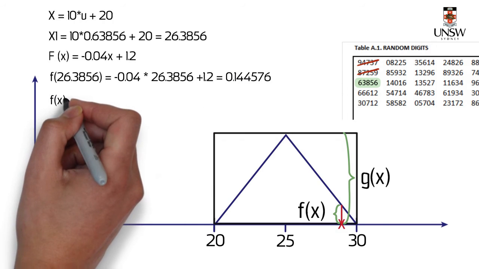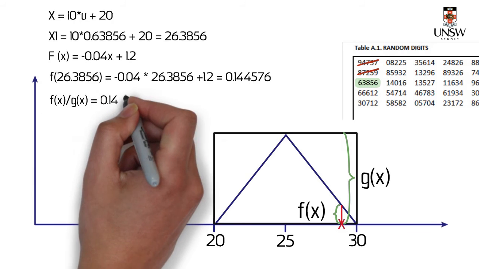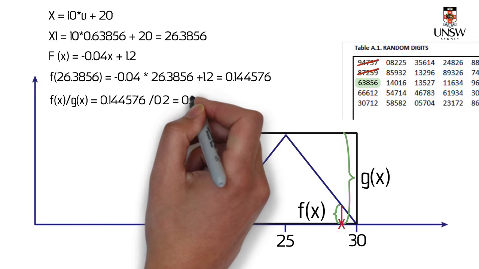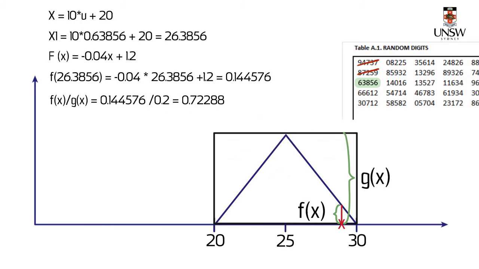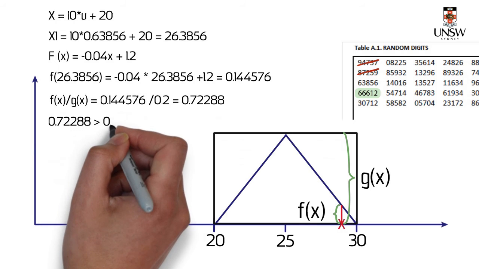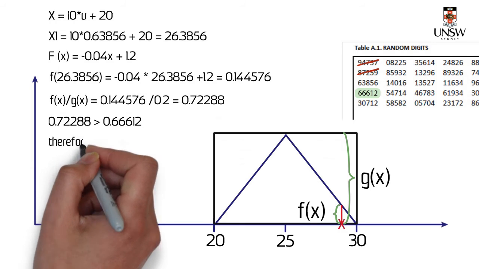So f of x on g of x equals 0.144576 divided by 0.2, which equals 0.72288. Now, we look at our table again, and we see that the next random number in the table is 0.66612. 0.66612 is less than 0.72288. Therefore, we accept 26.3856.